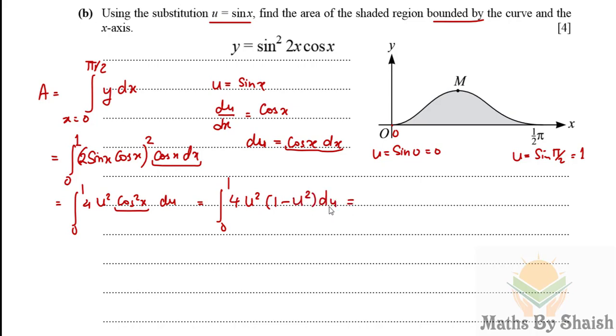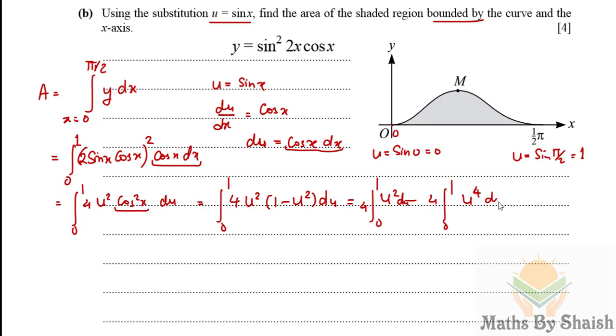So it's simple integration now. We are going to separate it. 4 times integral 0 to 1 of u square du, minus 4 times integral 0 to 1 of u power 4 du, because u square into u square is u power 4.